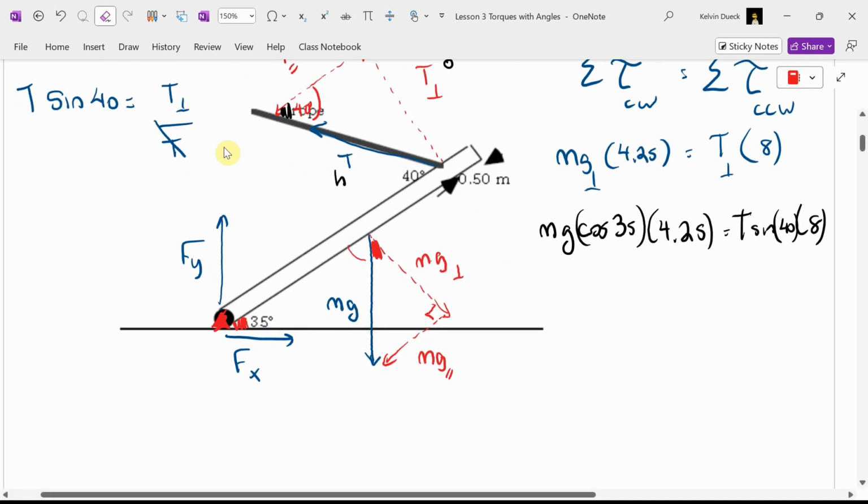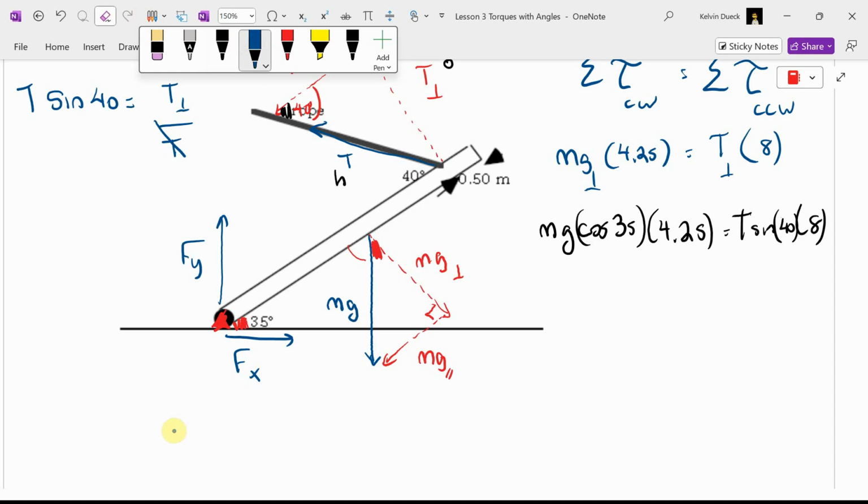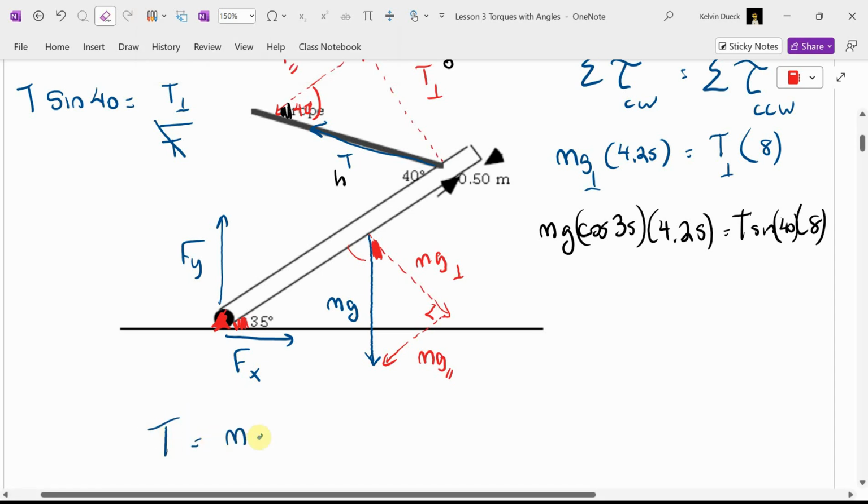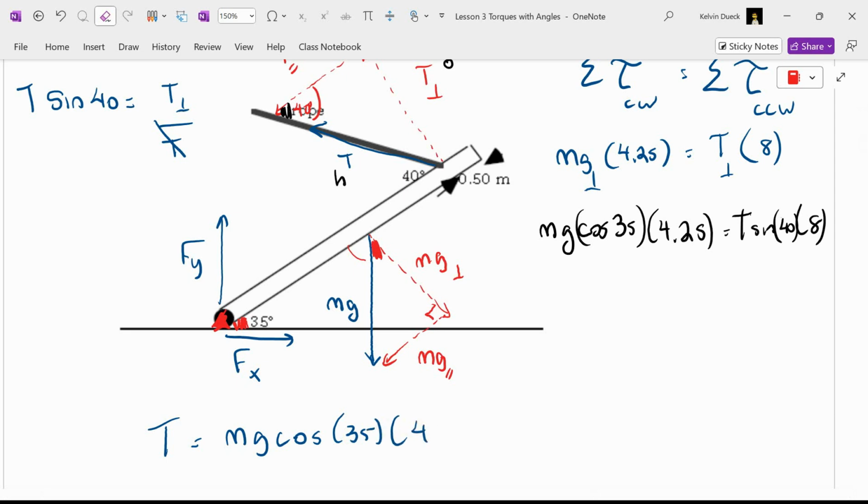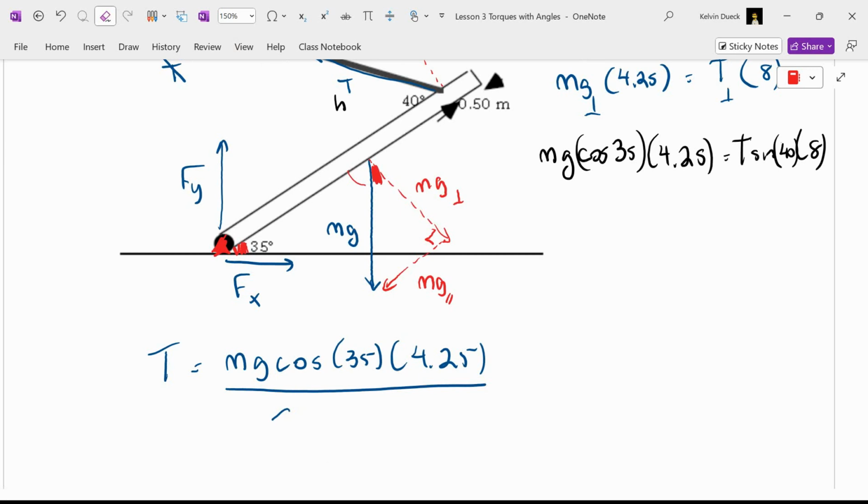You want to know what the tension's going to be? I'm going to move down a whole line. Tension is going to be mg cos 35 times 4.25, divided by the sine of 40 and divided by the 8. So it's a lot of setup, but at the end, not too bad.